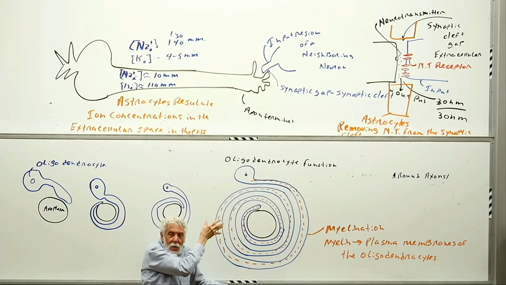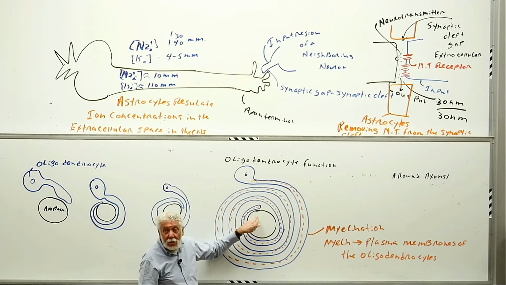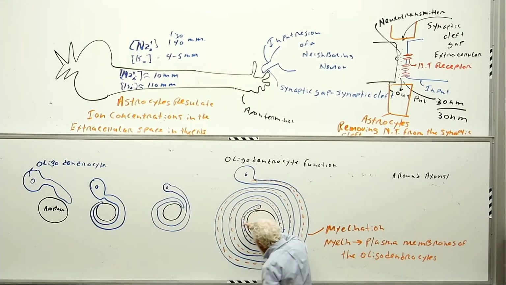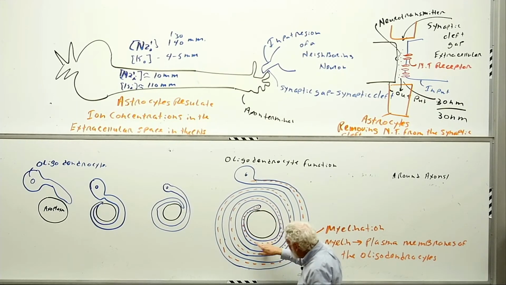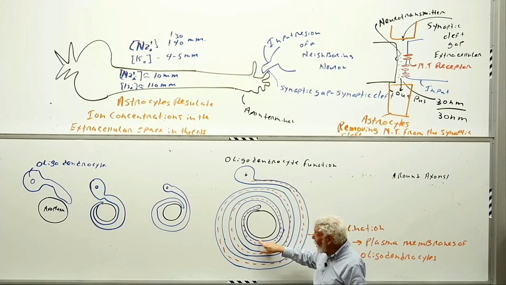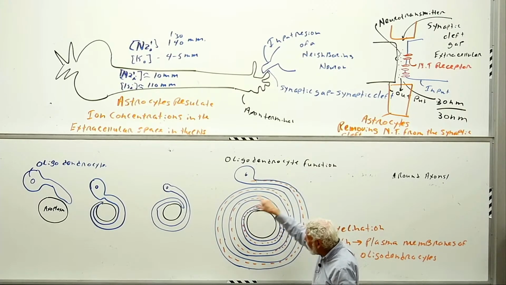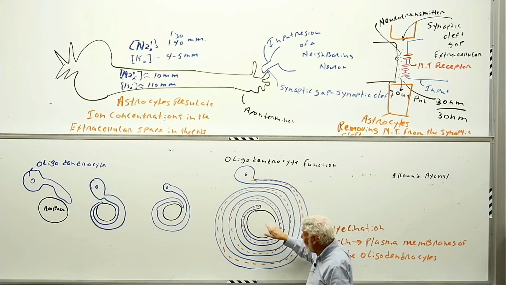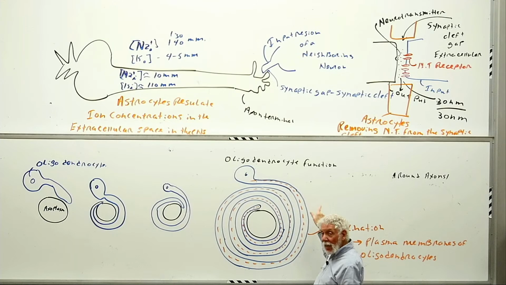Presumably there's some kind of signal that says stop growing. That seems to be the end of myelination. And what we're left with then is this tiny sliver of cytoplasm bounded by the plasma membrane. And so we have layer after layer after layer of plasma membrane, which is providing the insulating factor to insulate electrical signals from the inside to the outside. Did that answer it?